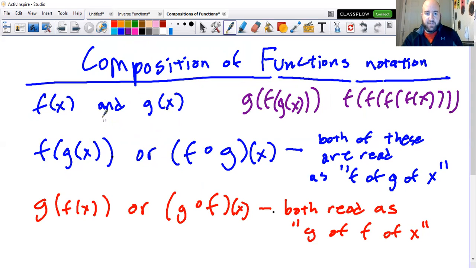You could even add a third one, and you could have h of x, and then you could do h of g of f of x. So the possibilities with this are almost endless, even if you just have two functions, but particularly if you have a third.